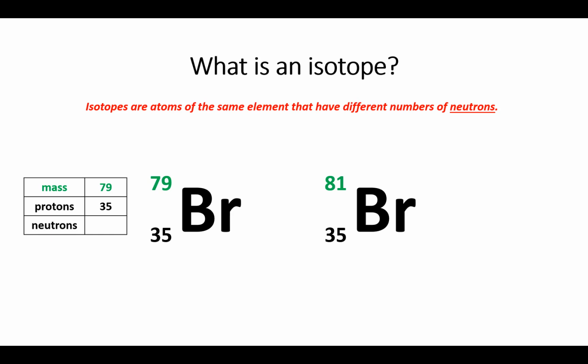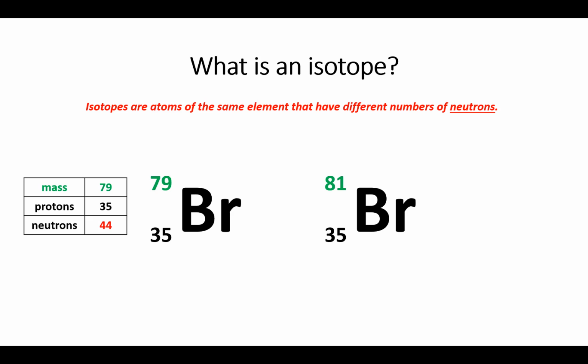If you remember from earlier, if we take the atomic mass and we subtract out the protons, we can find the number of neutrons. Hopefully this makes sense because the protons and the neutrons always add up to the atomic mass. So if we take 79 and we subtract out the 35 protons, there's our 44 neutrons.